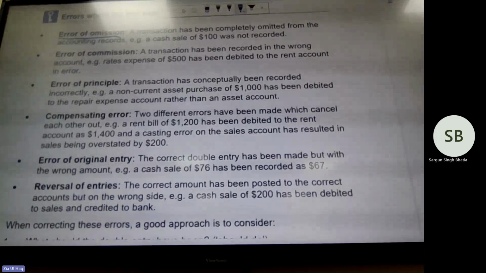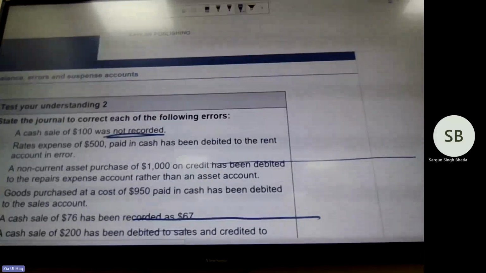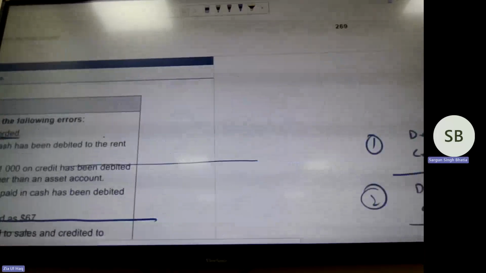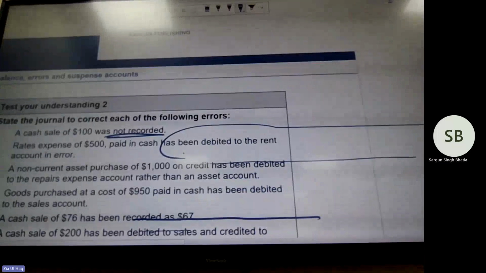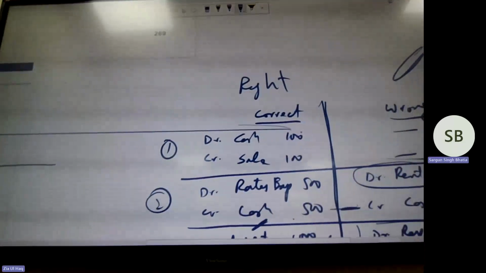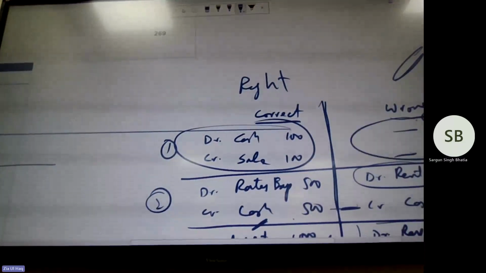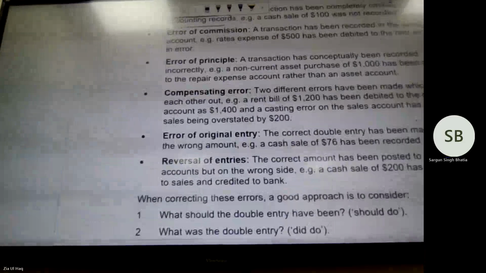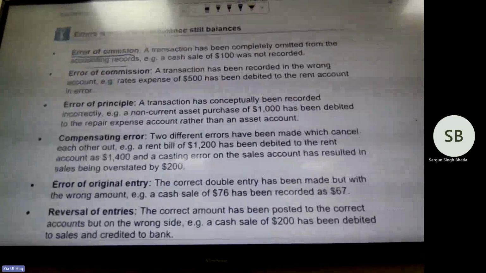A transaction has been completely omitted from accounting records, like the first entry. It wasn't recorded. If a transaction that should have been recorded isn't recorded, that is called error of omission.